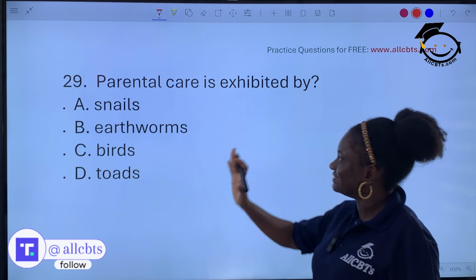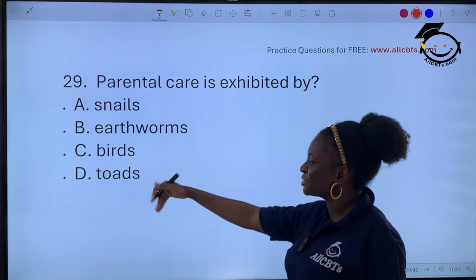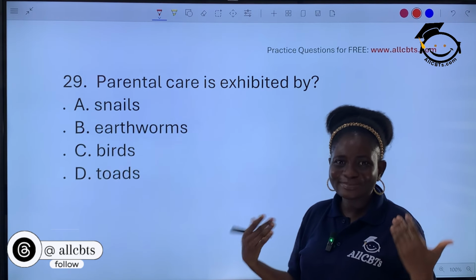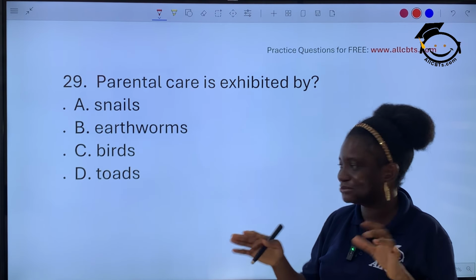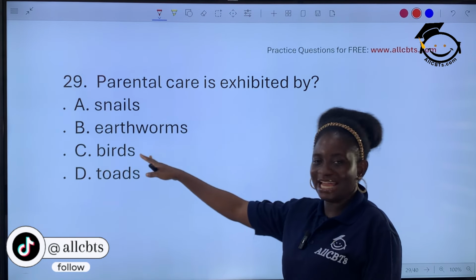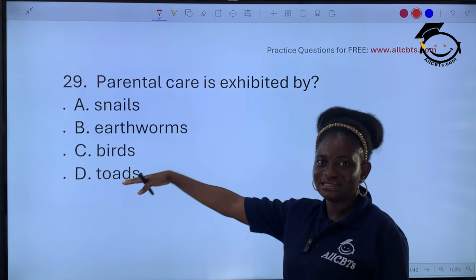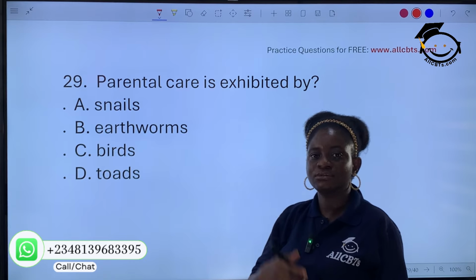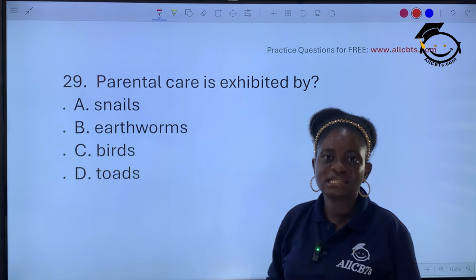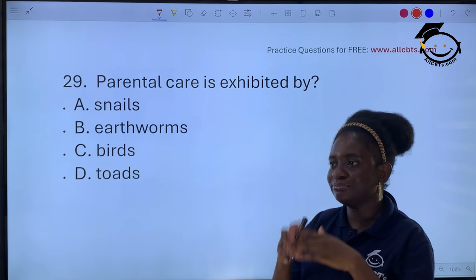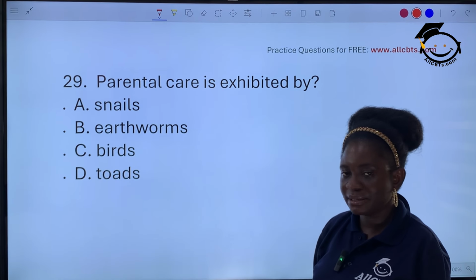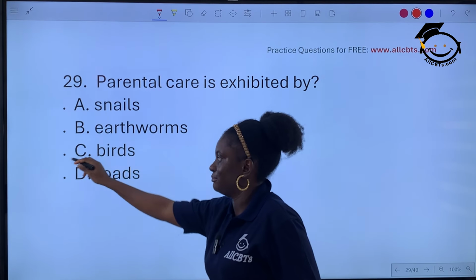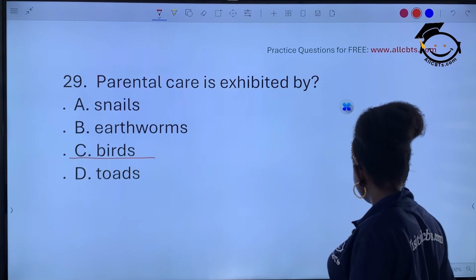So I would say the correct answer here is birds. Toads lay their eggs and they go. Snails, I don't think they do such things like birds. Earthworms too. But birds lay eggs, ensure they are incubated, and build nests to keep their babies warm. So birds is the correct answer, option C.